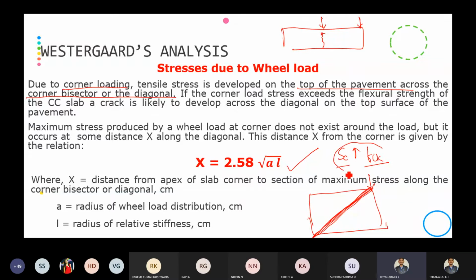So remember, this is the criterion for development of crack in the cement concrete.